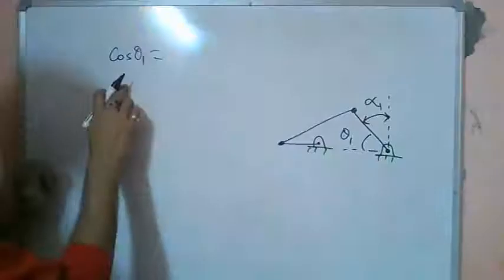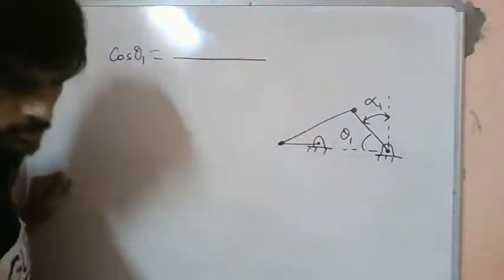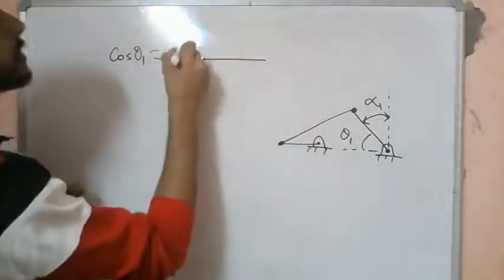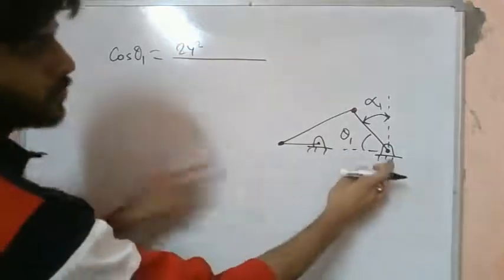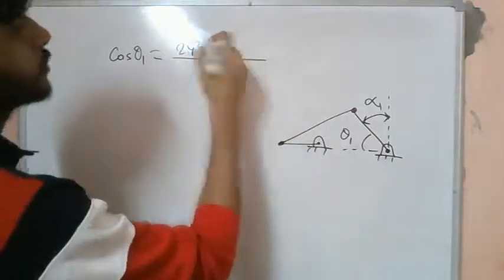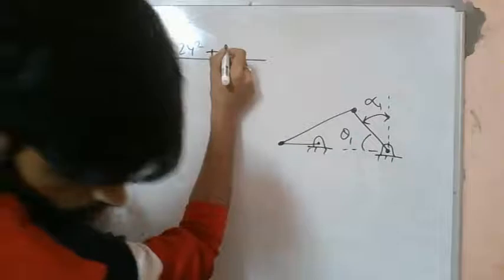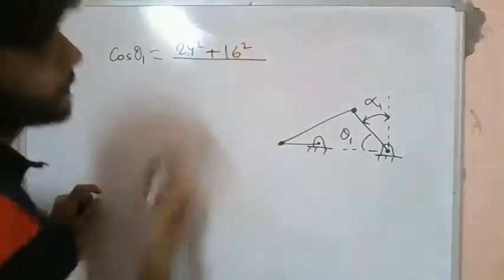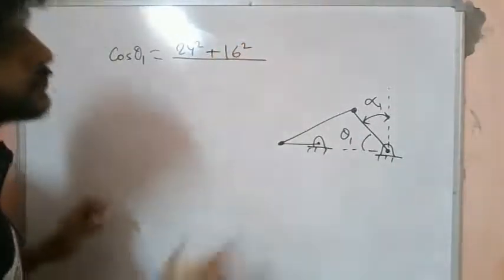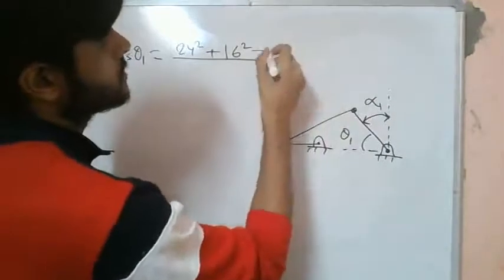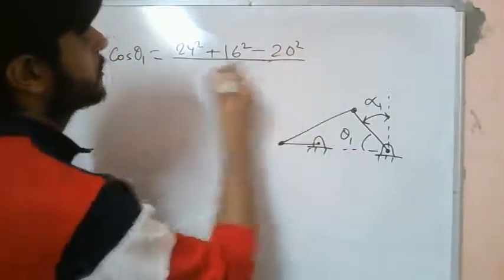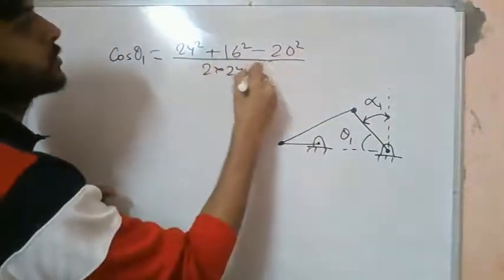Okay, so cos of θ1 is basically equal to 24 square plus 16 square minus 20 square, divided by 2 into 24 into 16.